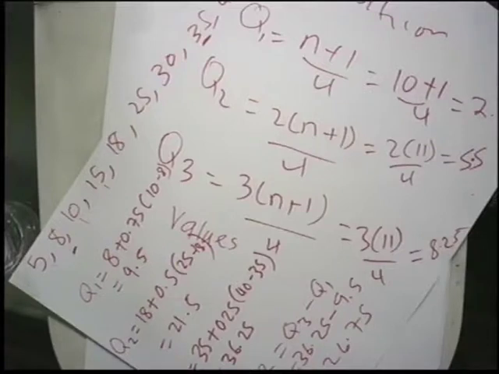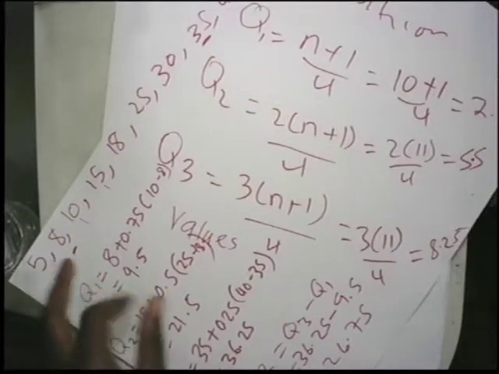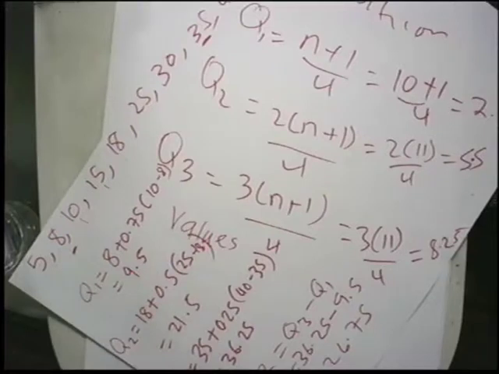C, interpret all the quartile values obtained in A. Remember, quartile 1 is the 25th percentile of the data set. Quartile 2 is the 50th percentile. Quartile 3 is the 75th percentile. Now, if you want to interpret this result, this is scores out of 50, right?